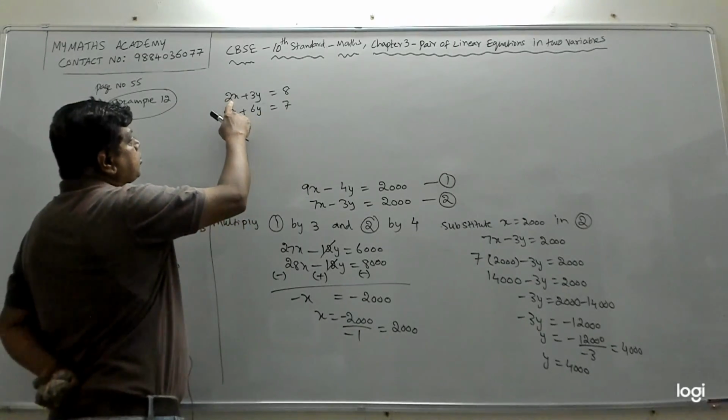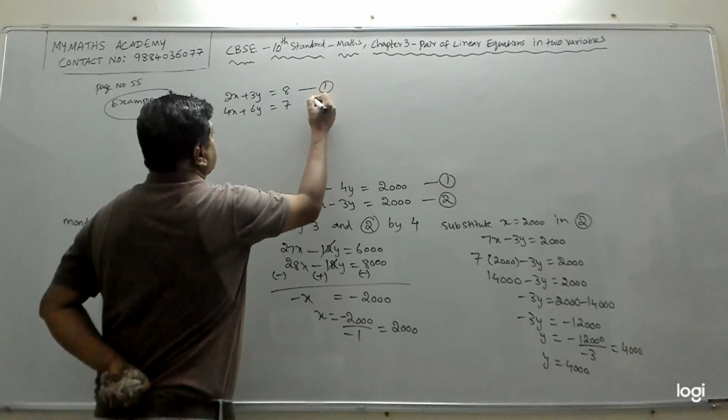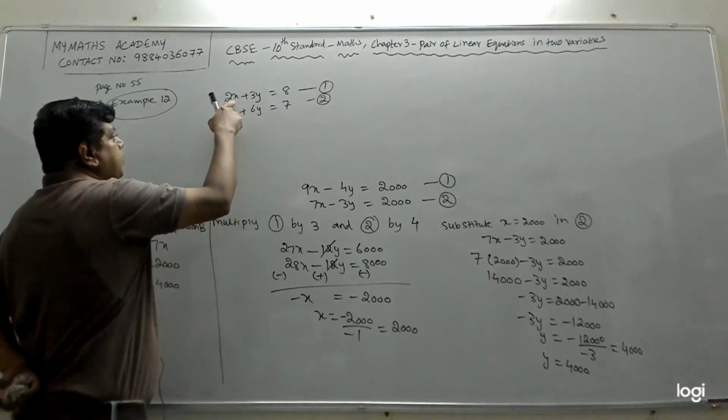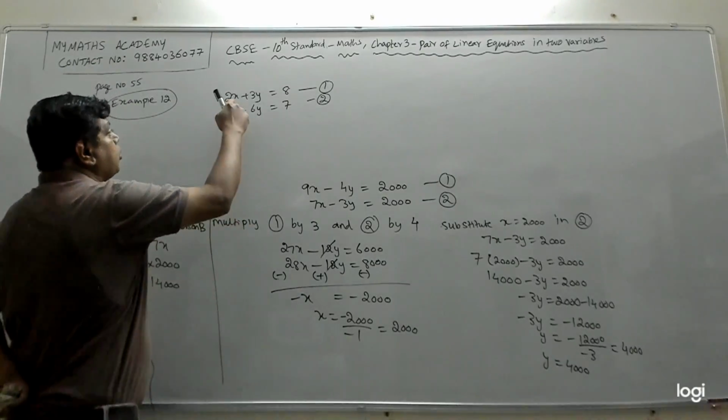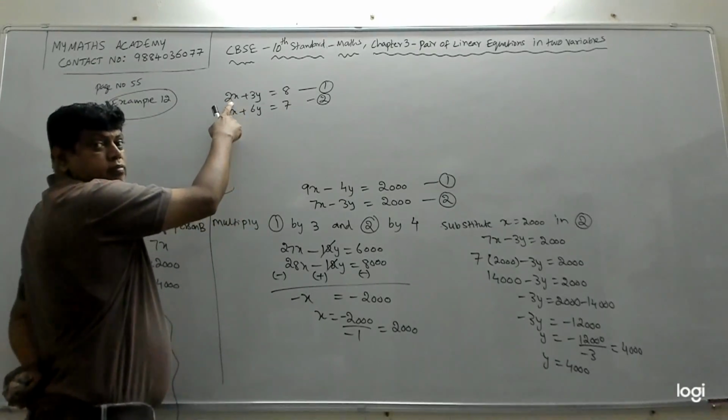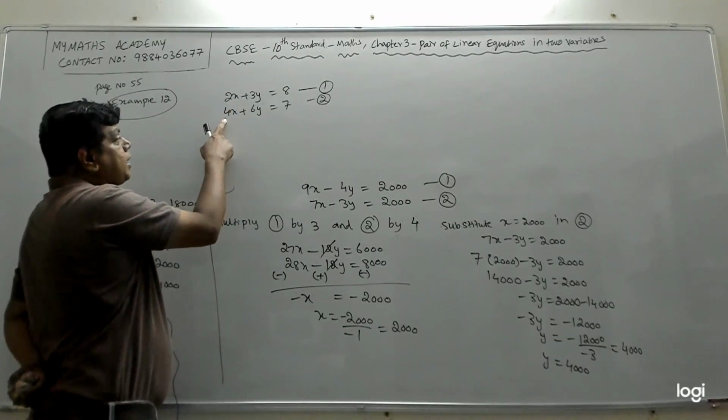Suppose I multiply the first equation by 2. Then 2x into 2 will become 4x. It will match with this.